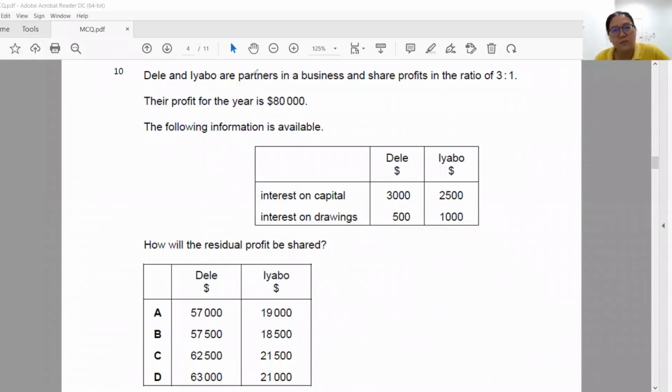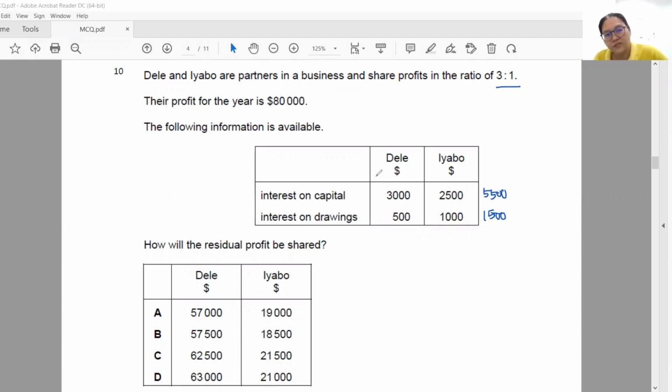D and I are partners in the business with a ratio of 3:1. Their profit for the year is 80,000, and interest on capital total is 5,500, interest on drawings is 1,500.